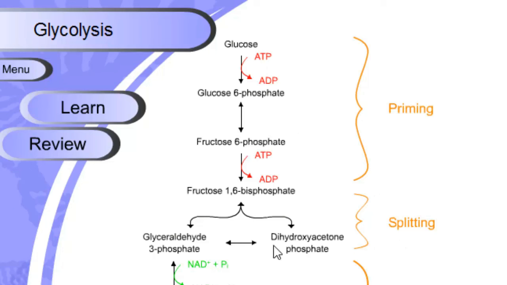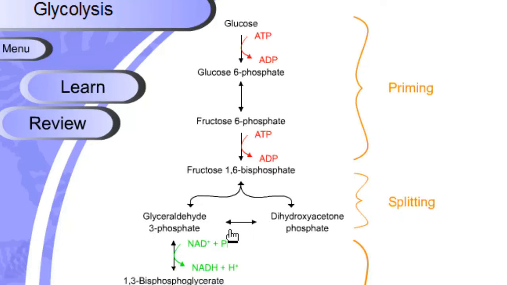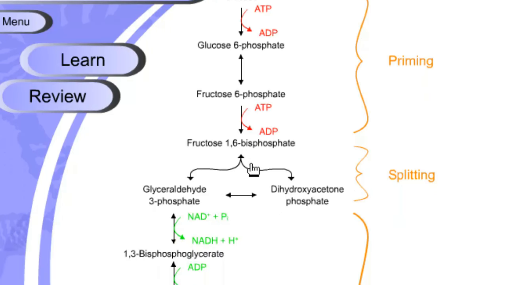In this step, one molecule of glucose becomes two 3-carbon compounds. As you can see here, before the splitting we have fructose 1,6-bisphosphate. In the splitting step, that fructose 1,6-bisphosphate, which is a 6-carbon molecule, is divided into two 3-carbon molecules, namely glyceraldehyde phosphate and dihydroxyacetone phosphate.